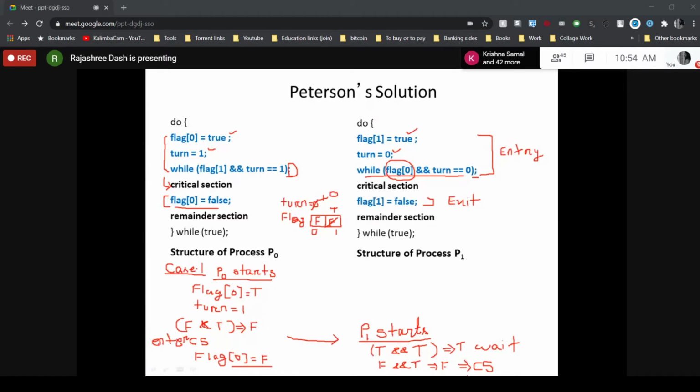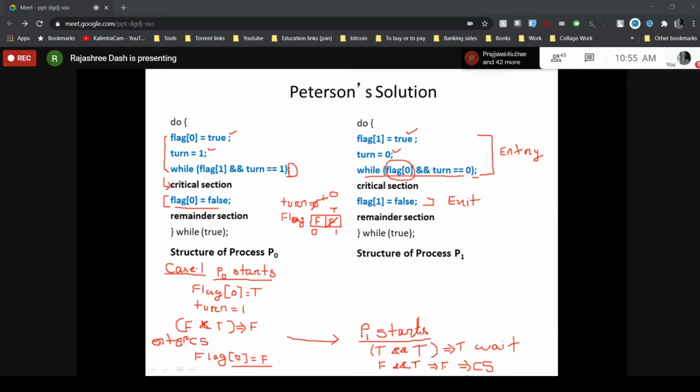So while P1 is executing in its critical section, P0 has already gone from that part. It is doing its remainder section, or maybe after completing the remainder section, once again it has entered its entry section. So here what we find is that it has satisfied the mutual exclusion. It has also satisfied the progress. So just check.